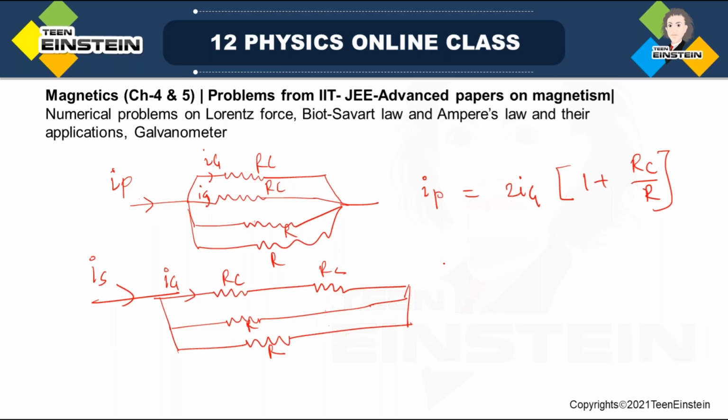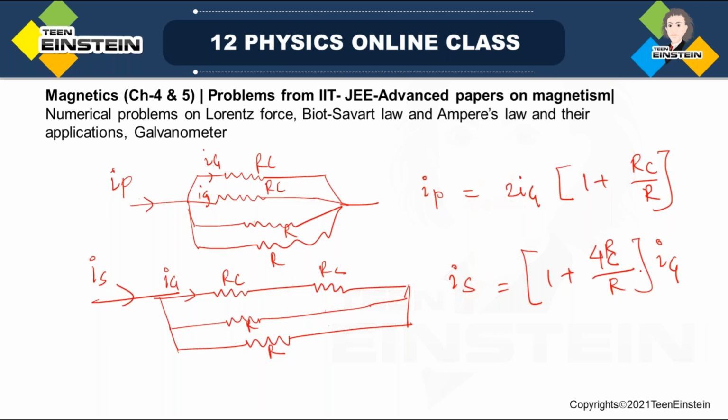How do you get the current? So current you get here, IS is equal to 4 RC by R into IG.